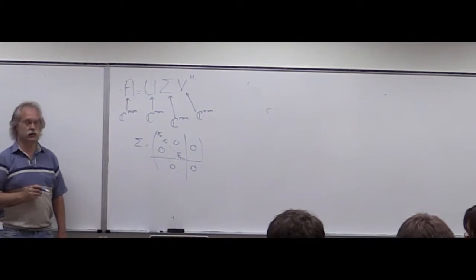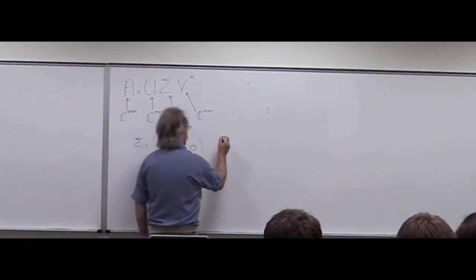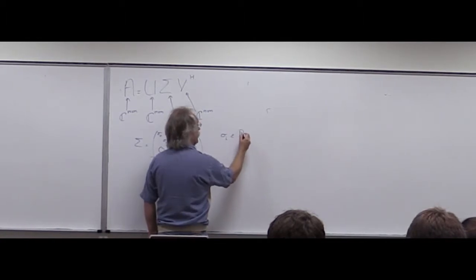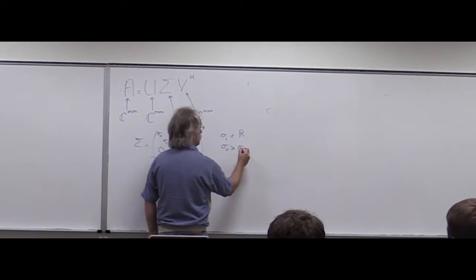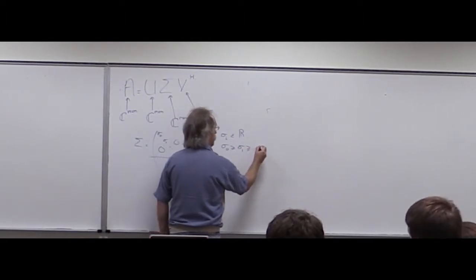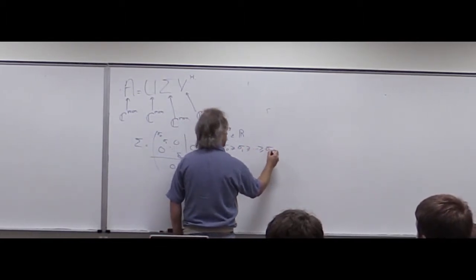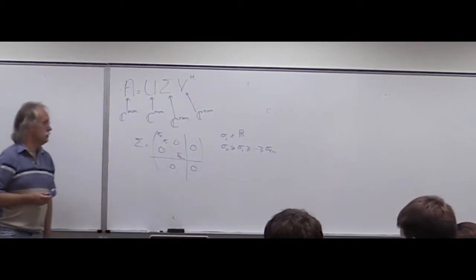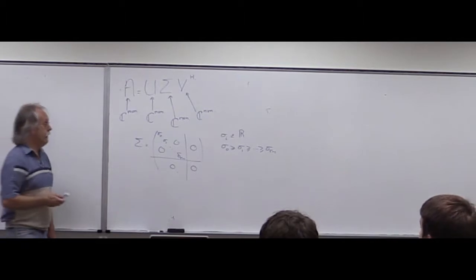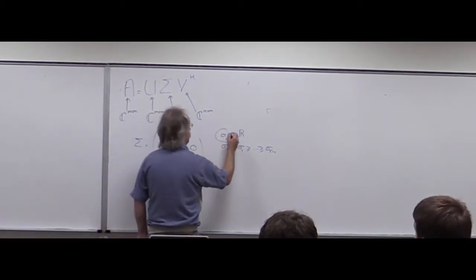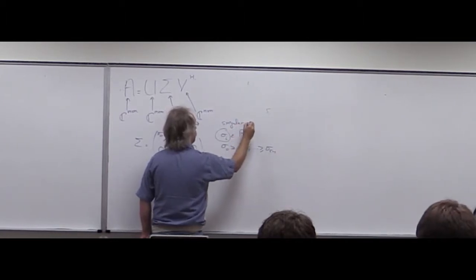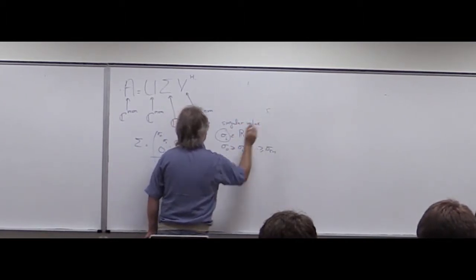And then on top of that, all of these entries are real valued, and they are ordered from largest to smallest. Okay, and these here are called the singular values. And then the other thing is that U and V are unitary.